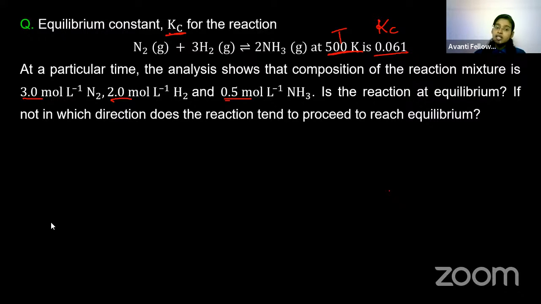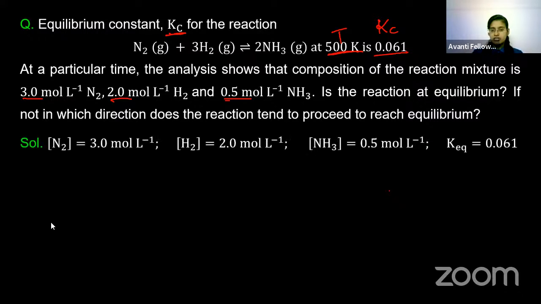If it is not in equilibrium, we have to find out in which direction it goes to proceed to reach the equilibrium. Okay. So first let me write the given values. Let me write the concentration of all the 3 species and the Keq value which is given in the question.